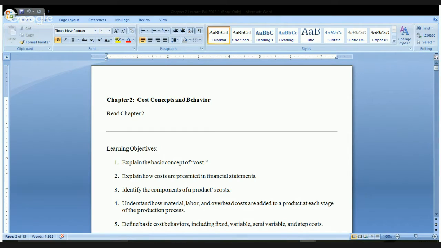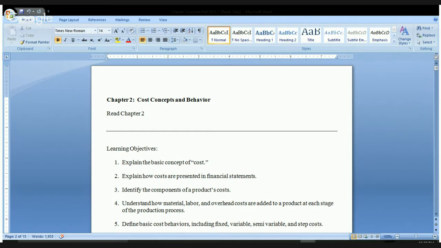The first thing we're going to talk about: what is a cost? Well, cost is a resource sacrificed for or foregone to achieve a specific objective. So basically, how much did you pay for a particular item? We have two types of cost here.